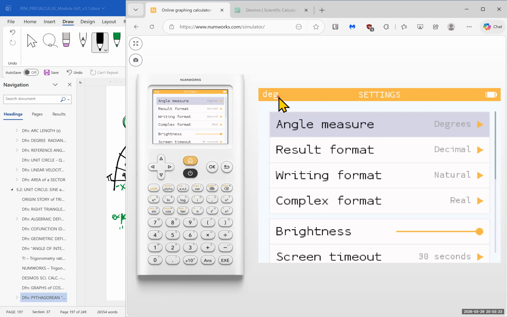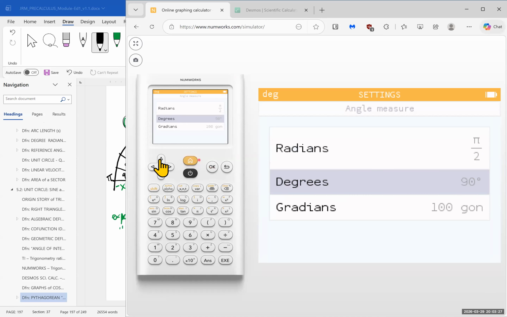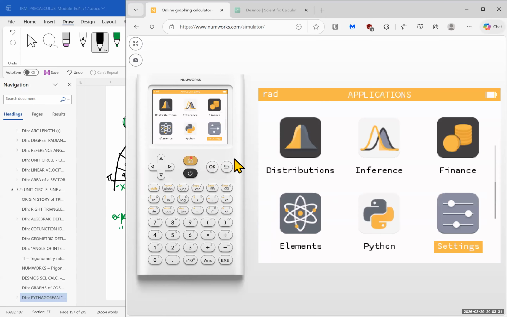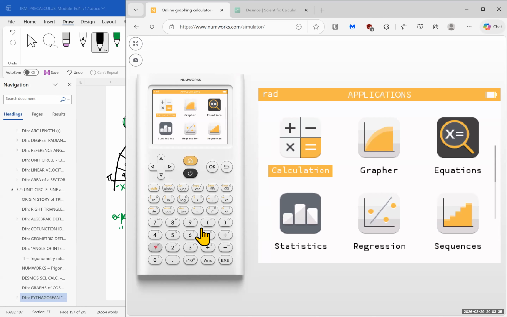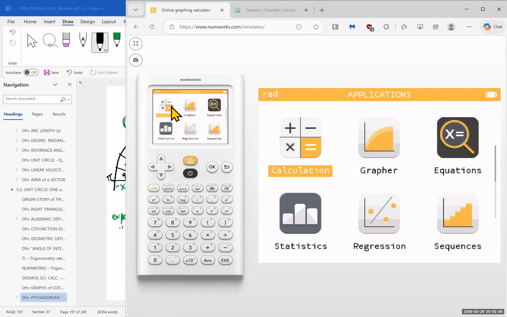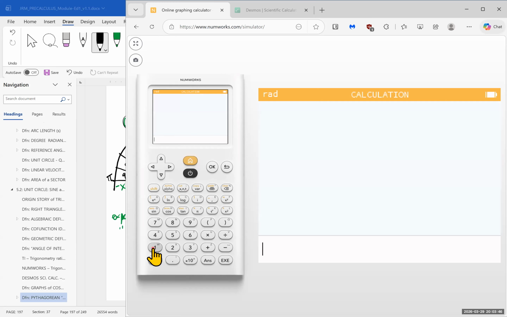So that tells us we need to change it to radian. So I'm going to click OK, change it to radians, click OK, and then I can hit home. And I think I can hit 1 and 1, because the calculation app is the first one. When you're in that home menu, if you want to go to the first app, you just hit 1 and then 1 to go into it.